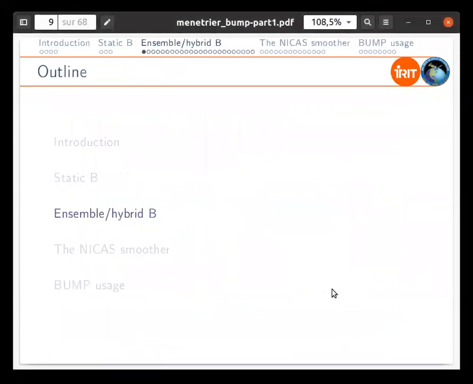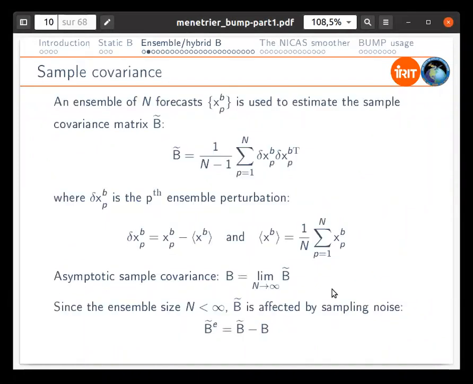Now I'll talk about the ensemble and hybrid B. It's going to be a bit more technical, but you will see some illustrations to help understand. The main issue with ensembles is the sampling noise.